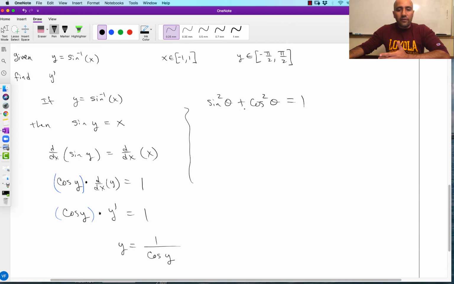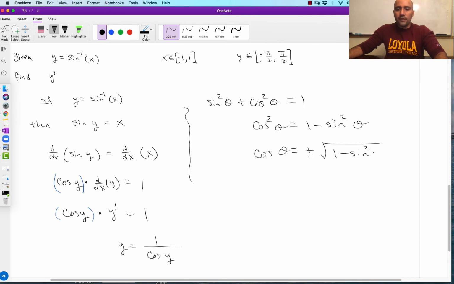Let's solve for cosine here. So cosine squared theta is 1 minus sine squared theta. And so cosine of theta equals plus or minus the square root of 1 minus sine squared theta. So this just applies to anything. This is just an identity.